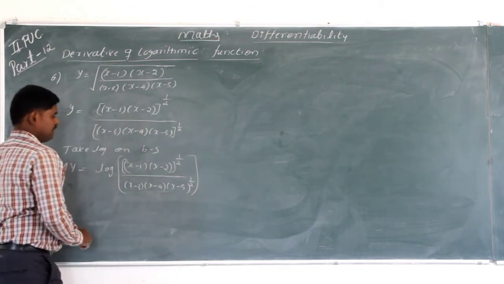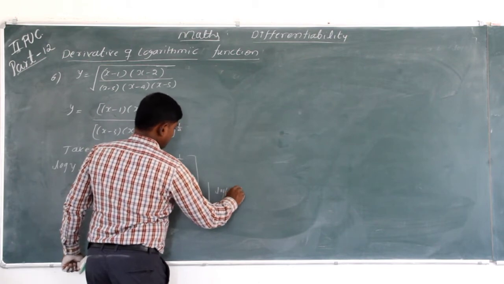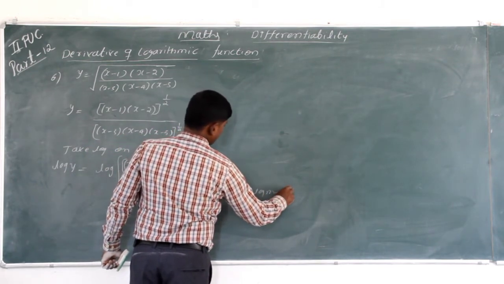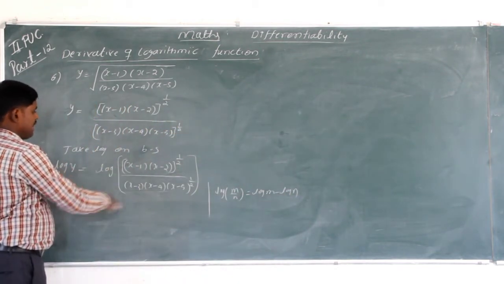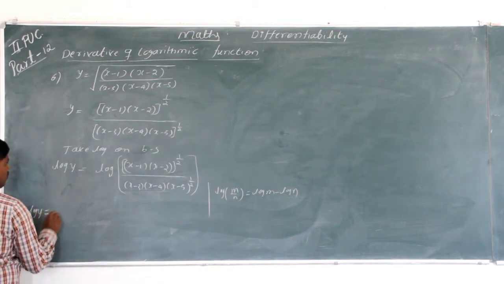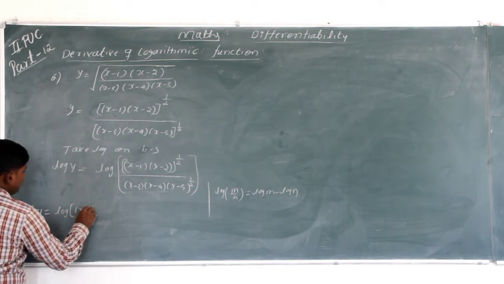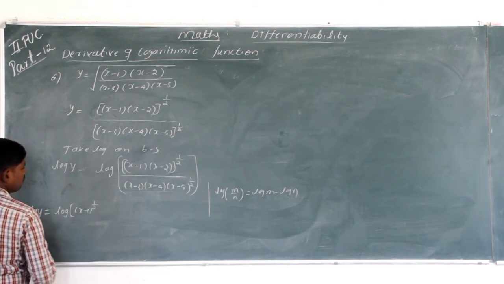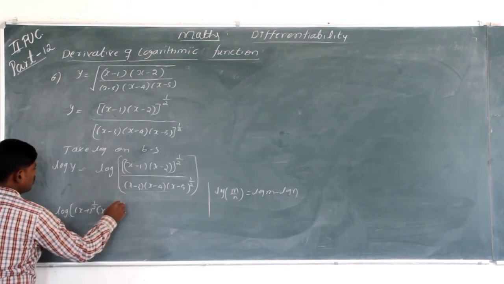So by the property log m by n is log m minus log n. Okay. So by using that property, we can write log y is equal to log of x minus 1 whole to the power of 1 by 2 into x minus 2 whole to the power of 1 by 2.